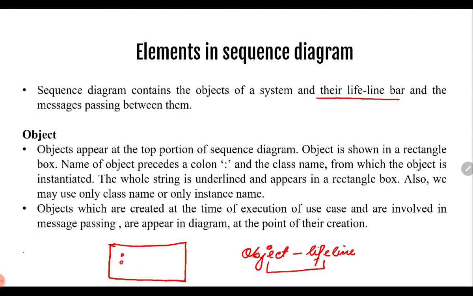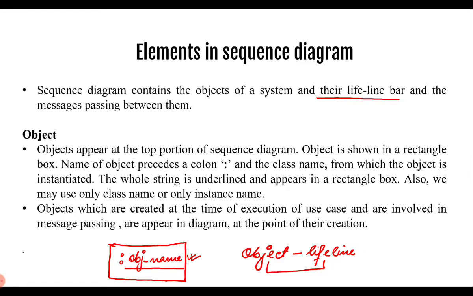The object name is basically preceded with this colon, and the class name from which the object is instantiated. The whole string is underlined and appears in a rectangle box. Also, we may use only class name or only the instance name. So this is how we will represent a particular object in a particular class.